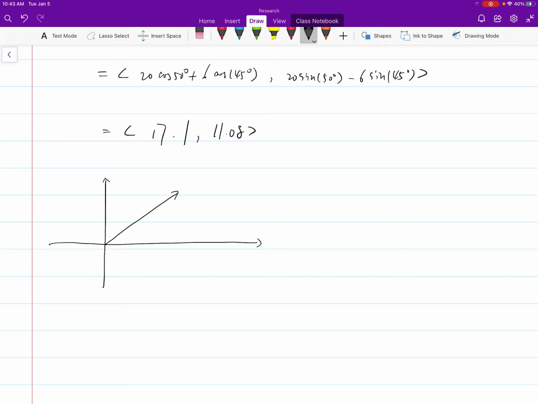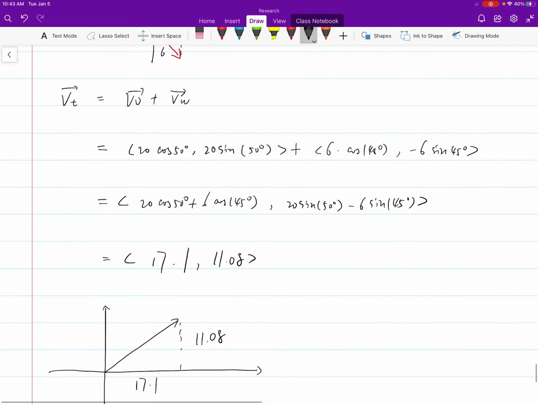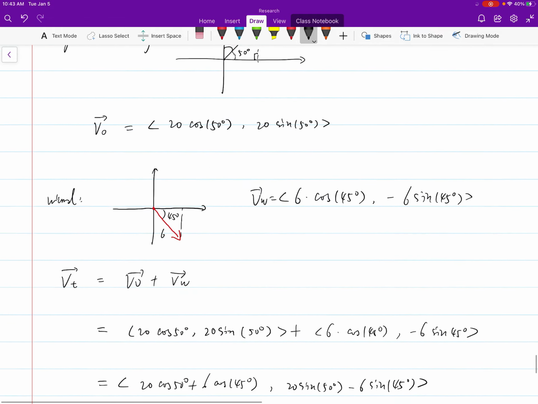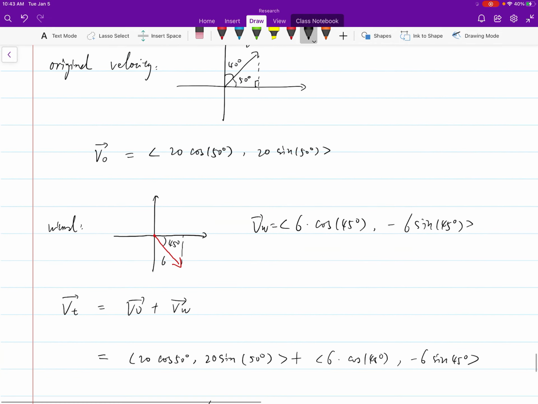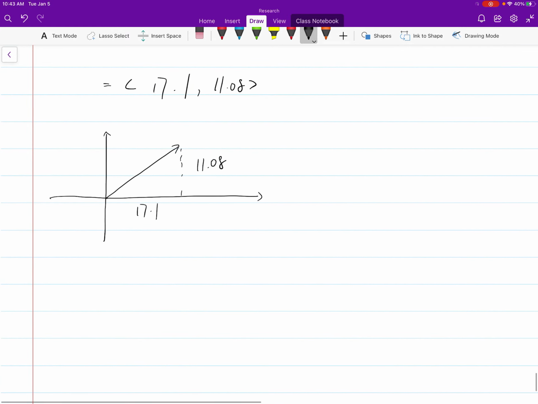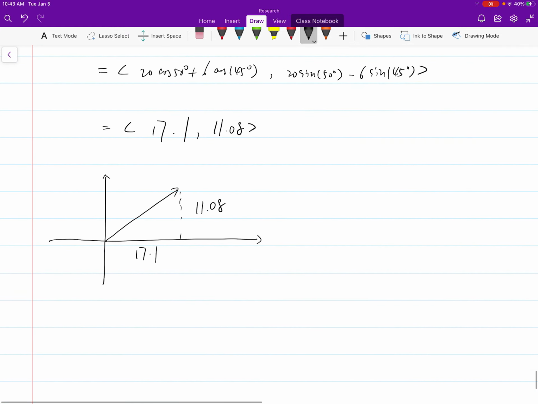What is it? That's going to be some vector going this way. The horizontal is this, and the vertical is this. So from here you can see the original one was going northeast. This one is also going towards northeast, but a little bit towards east, because you have something blowing from northwest.